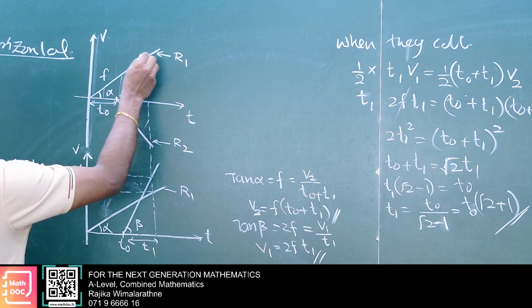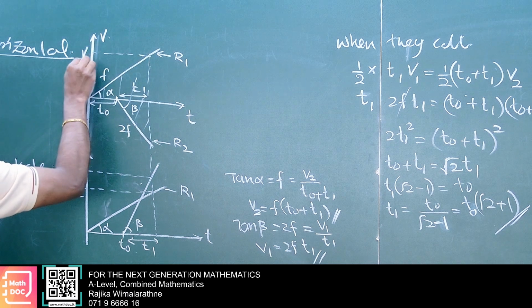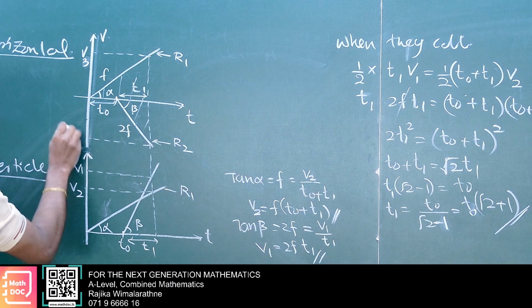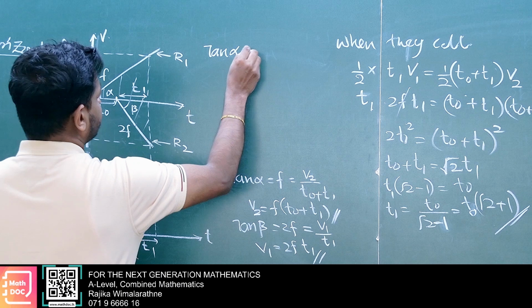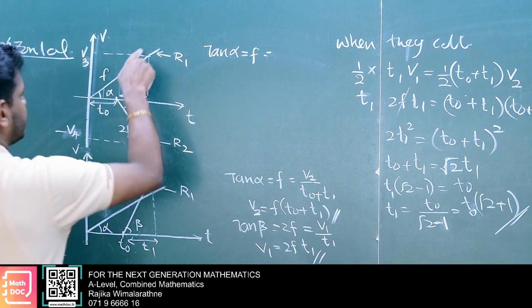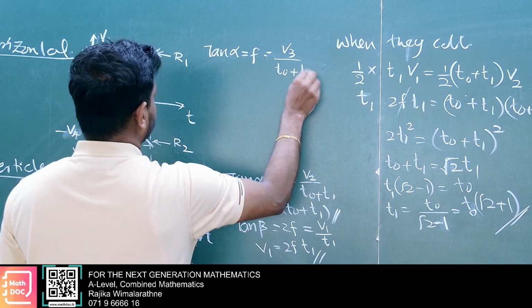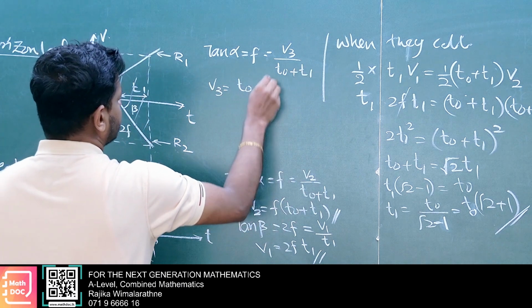Then you find the velocities V3 and V4 here. Tan alpha is F, so V3 over T0 plus T1 equals F, giving V3 as F times T0 plus T1.